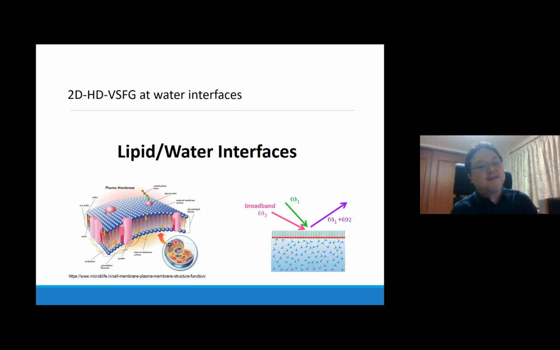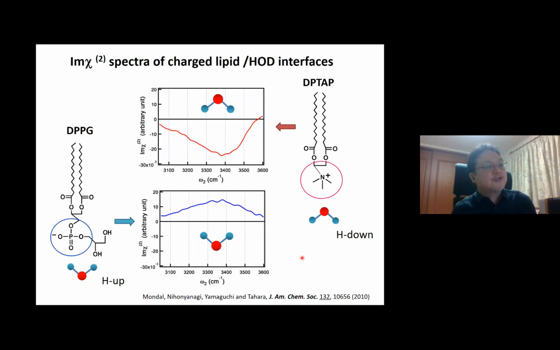People are very interested in the water properties of biological membranes. But it's not easy to directly study water at such a biological membrane, so we make a lipid monolayer on the water surface and apply time resolved heterodyne VSFG. First I will show the data of DPPG and DPTAP, focusing just on the head group.